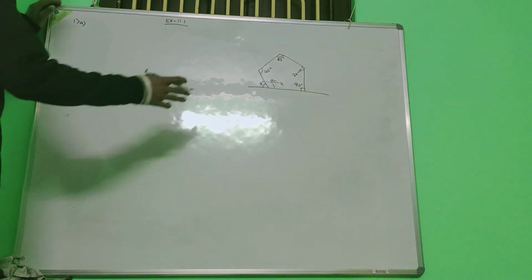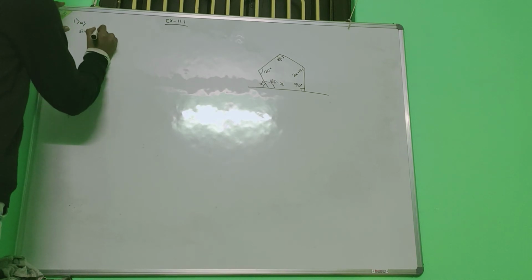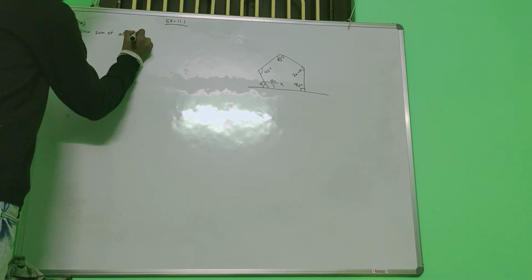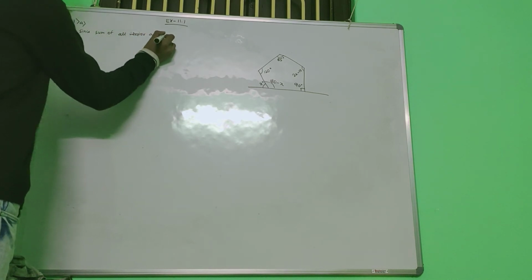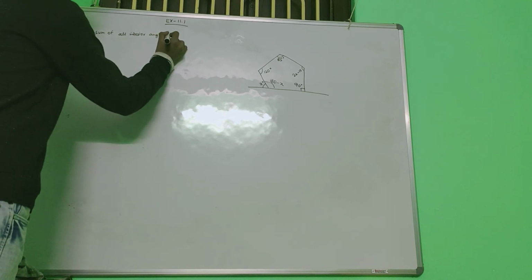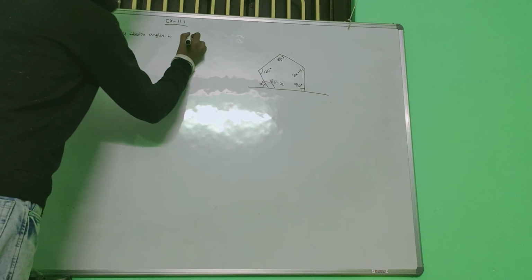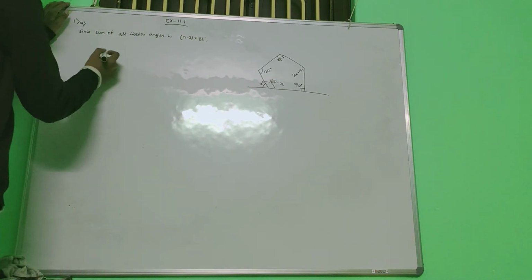So we know that these are all interior angles, and the sum of all interior angles is n minus 2 into 180. So what can we write?